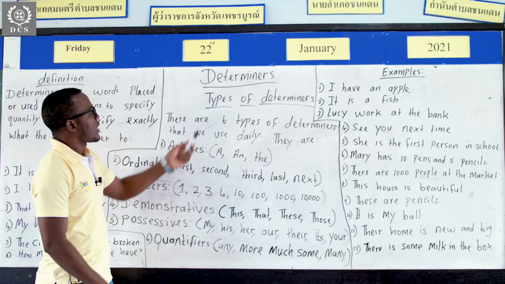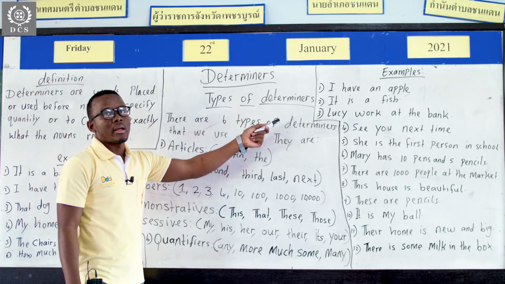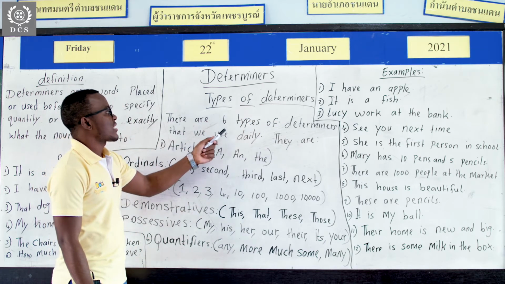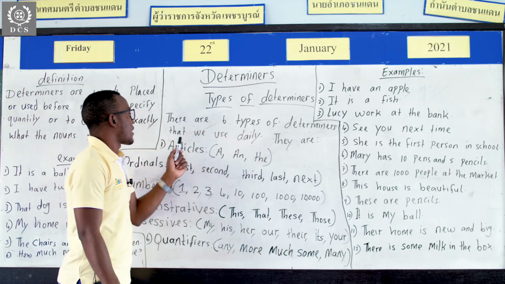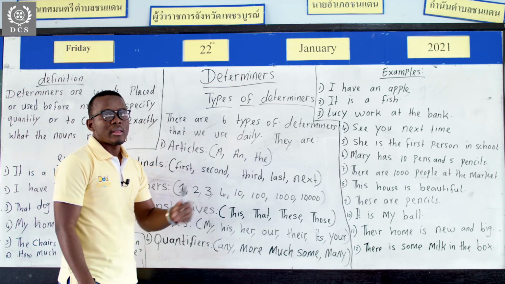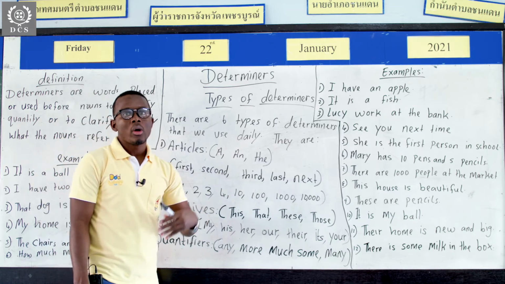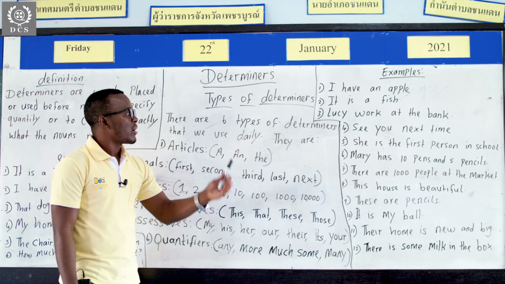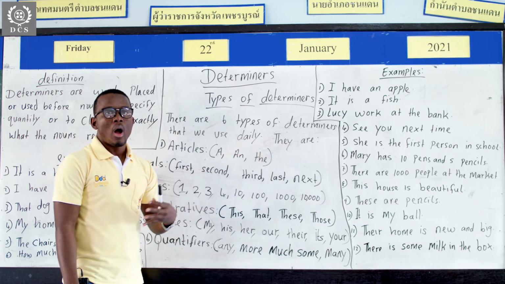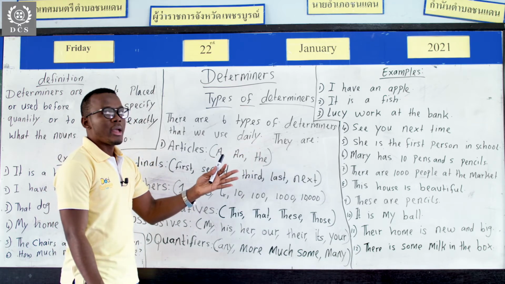Types of determinants. There are 6 different types, groups, or categories of determinants that we use daily.